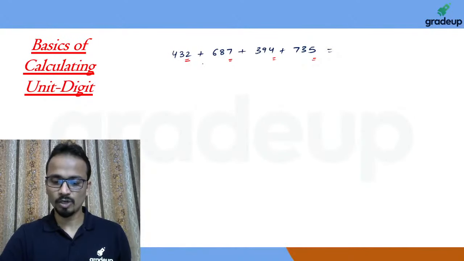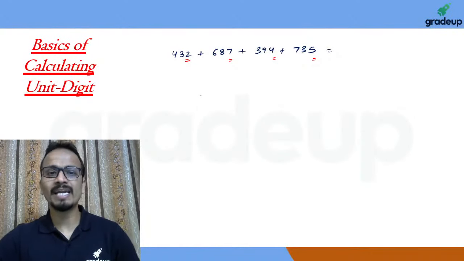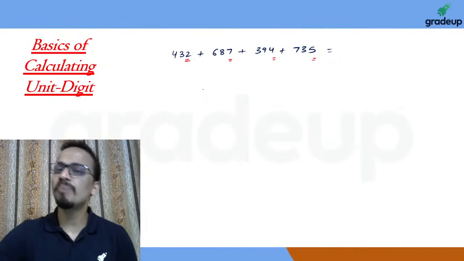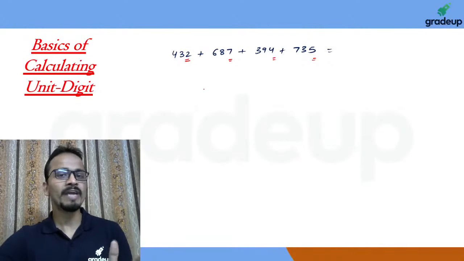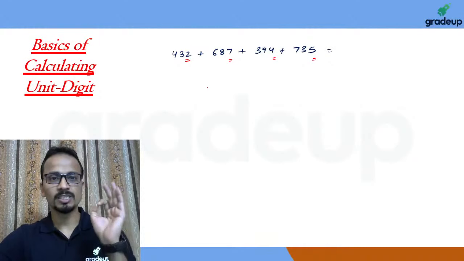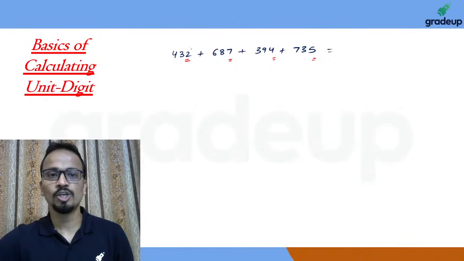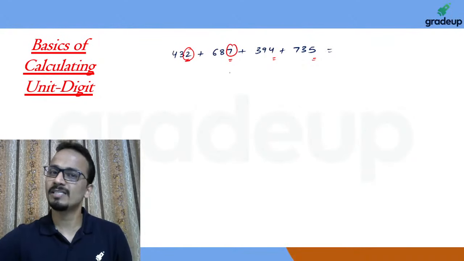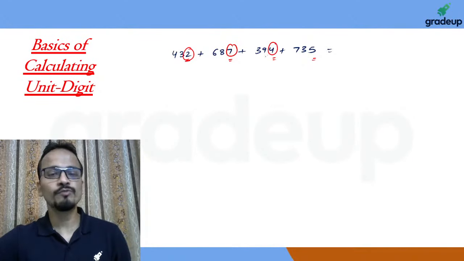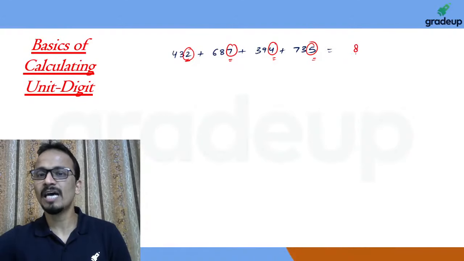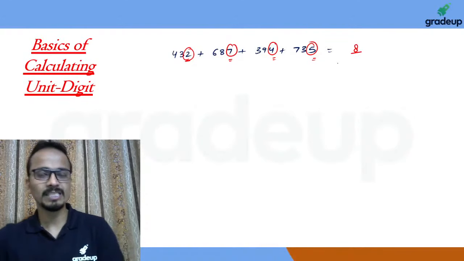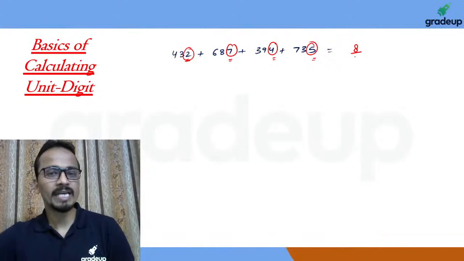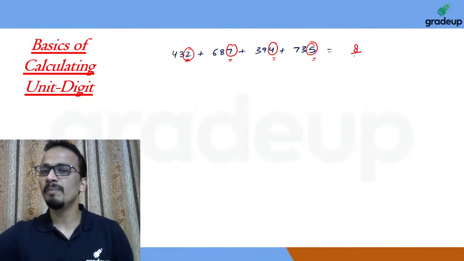There is no need to find the entire result. Just stay with the unit digits. So 2 plus 7 is 9. 9 plus 4 is 13. 13 plus 5 is 18. So from 18, I'll just write 8, and hence it will be my answer.